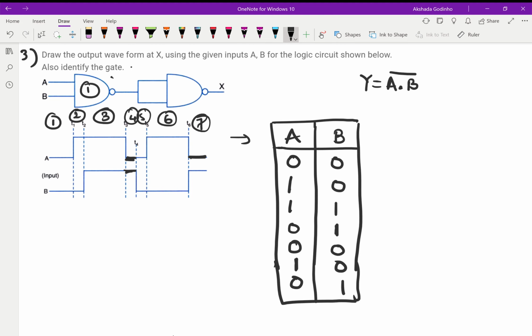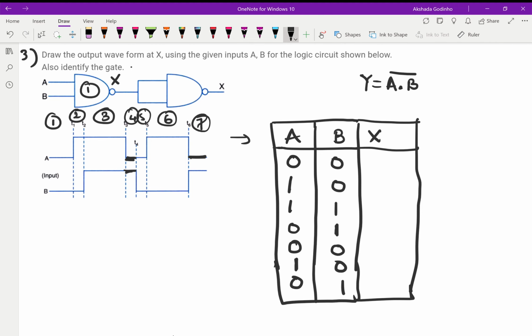So let me write one X value here. Let us say that this is going to be our output at the first gate, and the Boolean expression we have written on top.